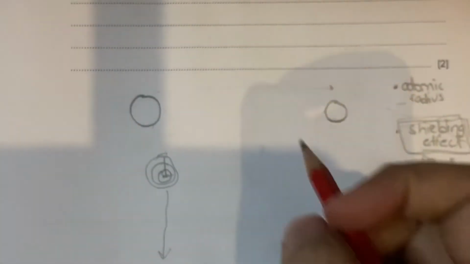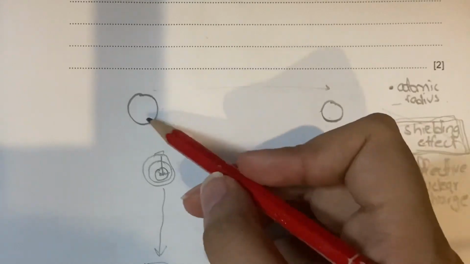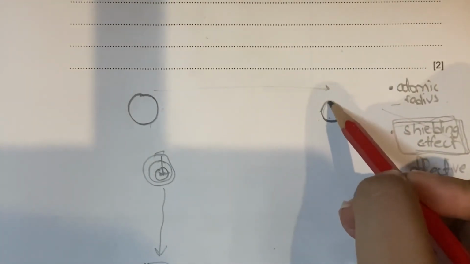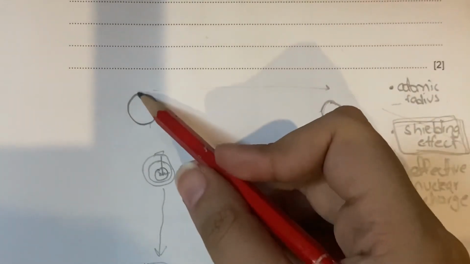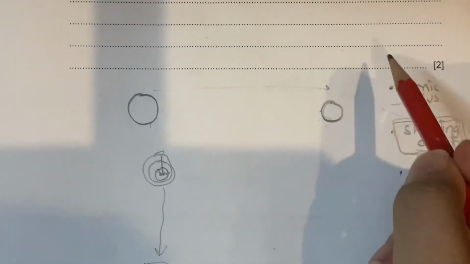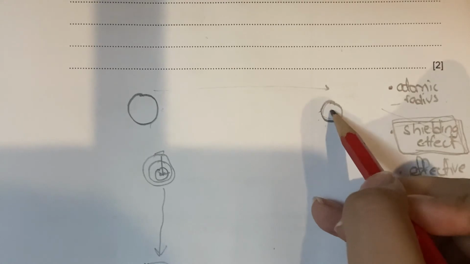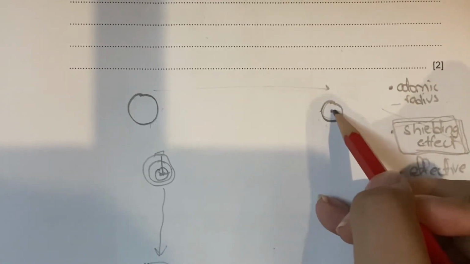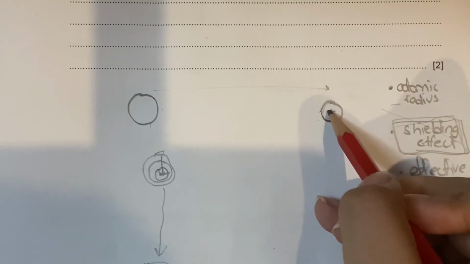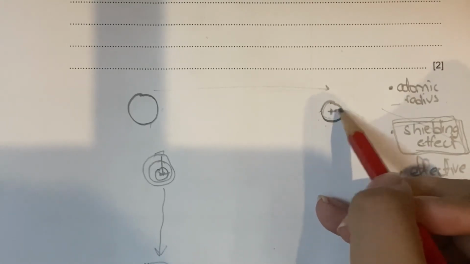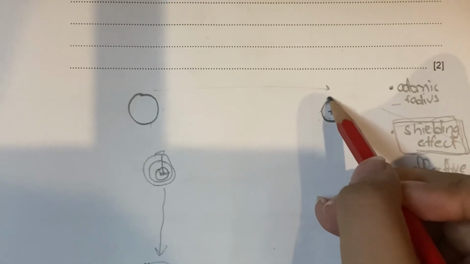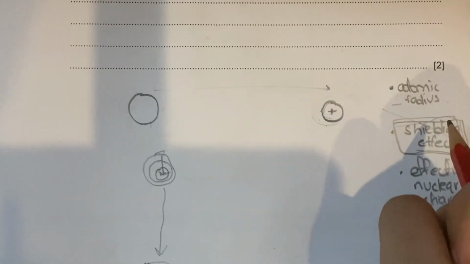Okay, so the effective nuclear charge is increasing because the number of shells are remaining constant, but what is increasing? The number of electrons. So this nucleus, for example, this is the positive charge in the nucleus, it will attract these electrons more towards it.